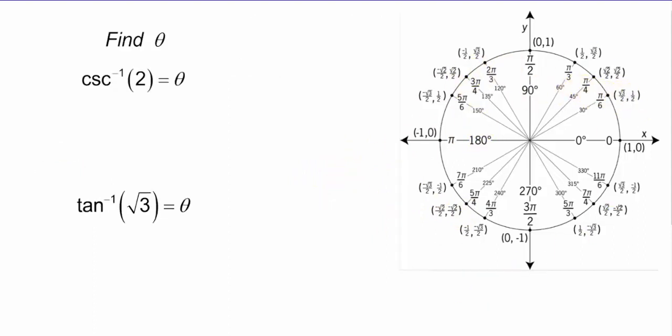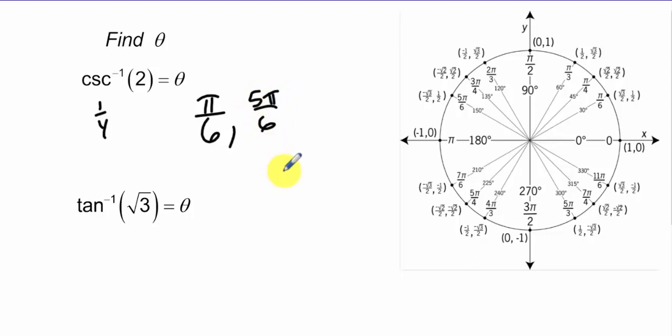Now, if I ask you again, where do I have a y value equal to 1 half, then I'm looking for y values of a half. And you'll notice I have one at pi over 6, and I have another at 5 pi over 6.